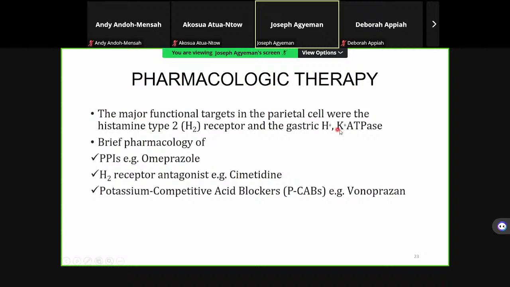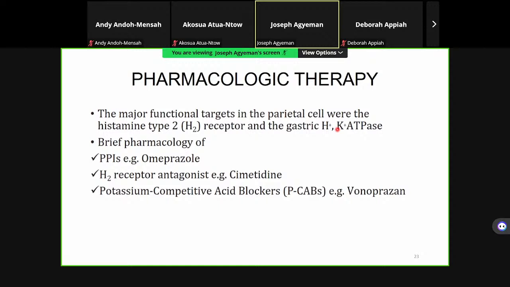To a lesser extent, which we normally don't do, is to antagonize the M3 receptor. We have pirenzepine for that. Though selectively it blocks the M3 receptor, it doesn't cause much of the typical antimuscarinic side effects like dry mouth, constipation, and those things. But it may cause significant side effects.